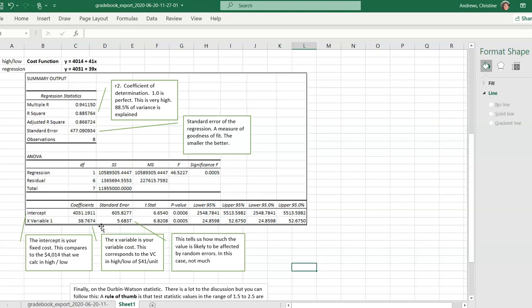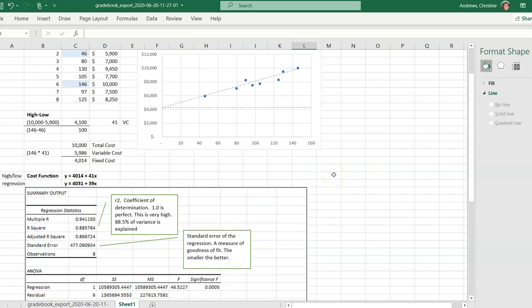Compared to our coefficient here of 38, the 5.6 is low, so it's not much. The p-value tells us that it is very significant. Don't worry about that so much, and don't worry about the upper and lower 95%. But you see the relationship.